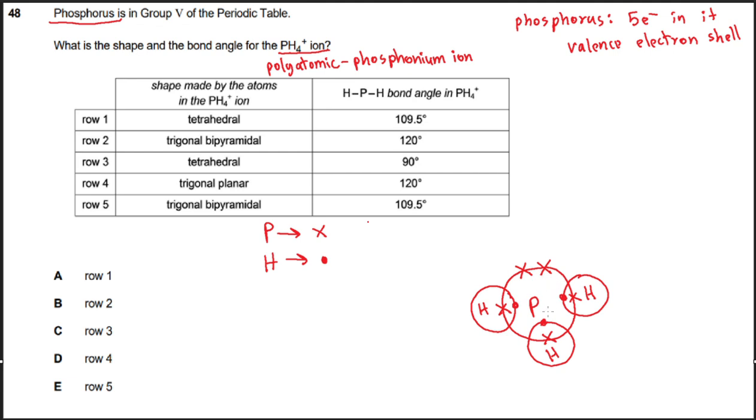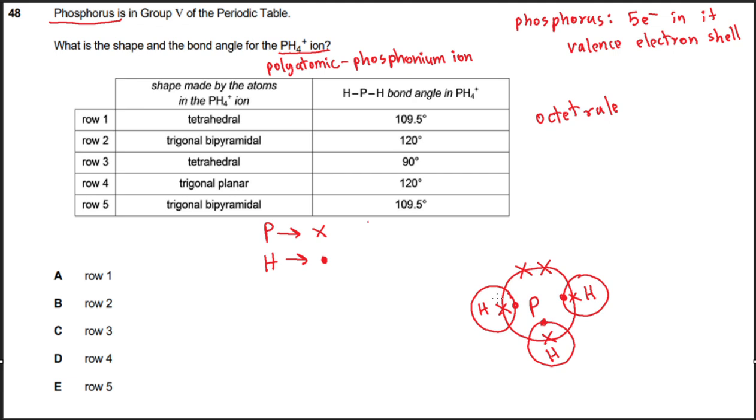Before we move any further, we must know that we use the octet rule. We are going to identify why this positive charge came on this polyatomic ion. Firstly, we count how many valence electrons the phosphorus atom has gained, has completed. We know it has completed 8 electrons. How?